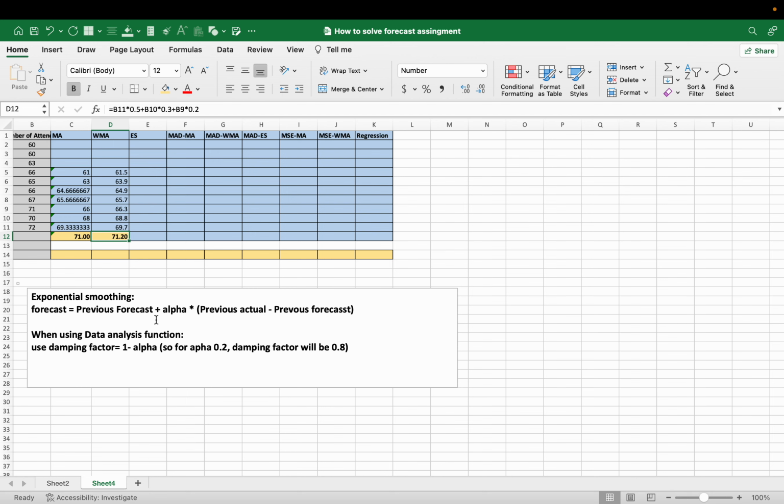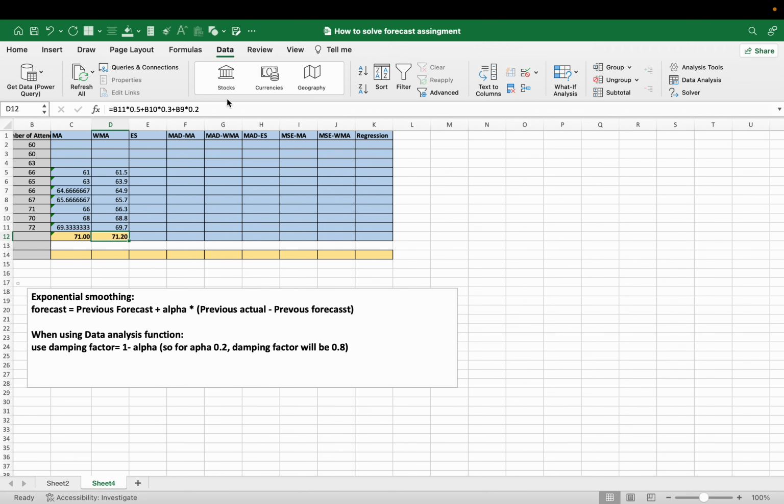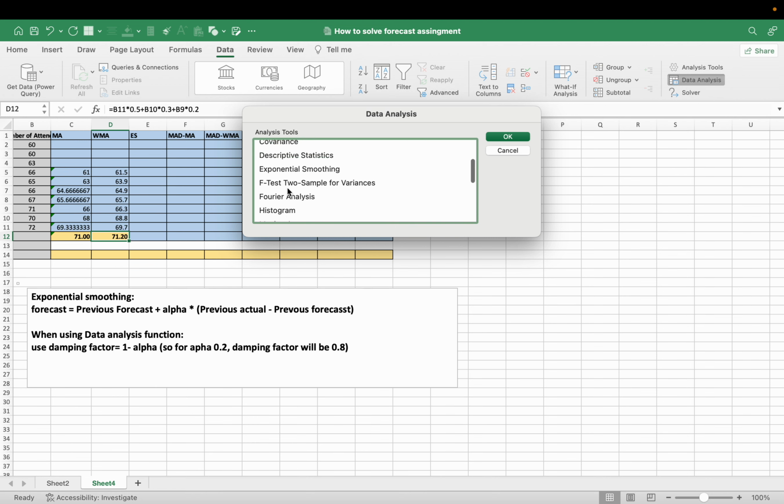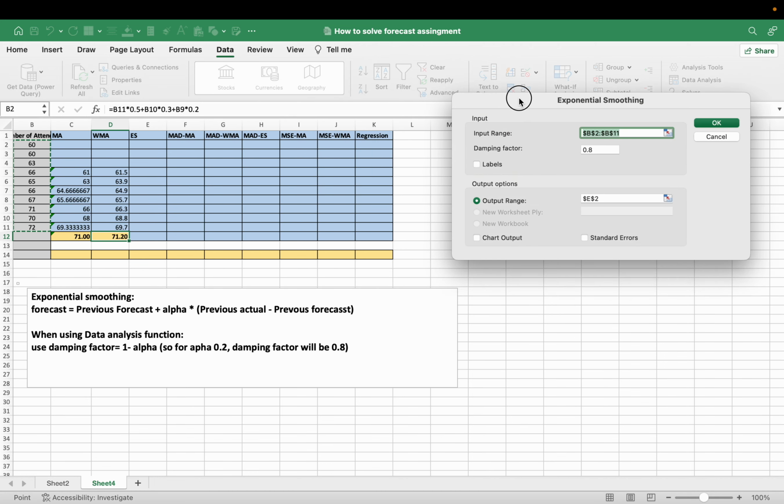Now the next one is exponential smoothing, and for exponential smoothing you can use either a formula or this data analysis function. If you want to use the function given here in Excel, called data analysis, in data analysis you click on exponential smoothing and then click OK, and then it says input range.